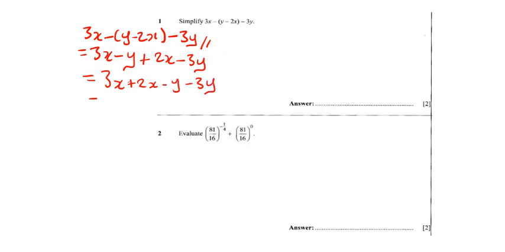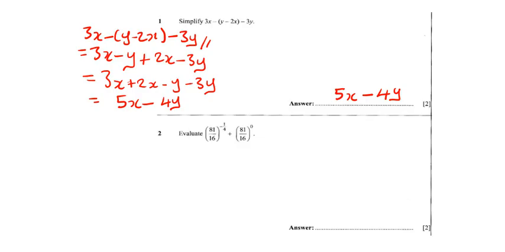You say 3x plus 2x to be 5x, negative y minus 3y to be -4y, and then you put your answer here. So you say 5x minus 4y, and then you are done for question 1.